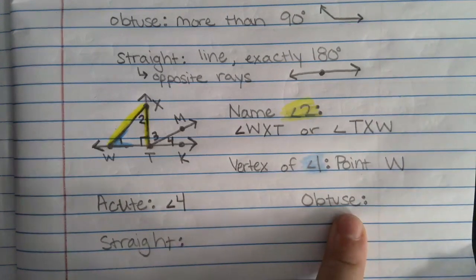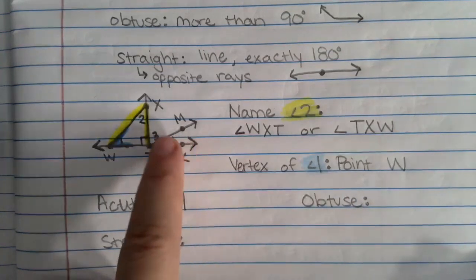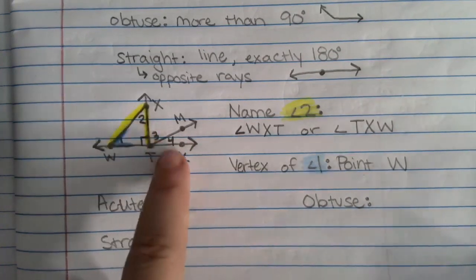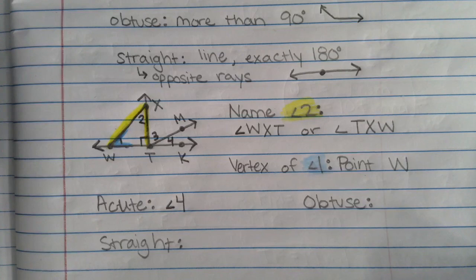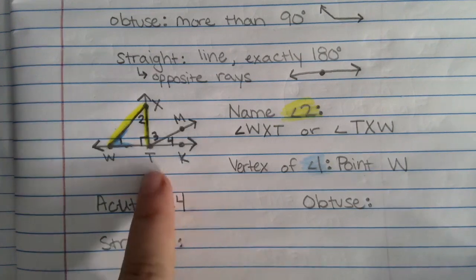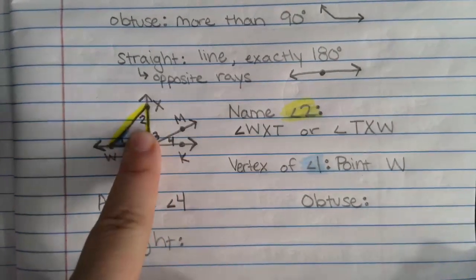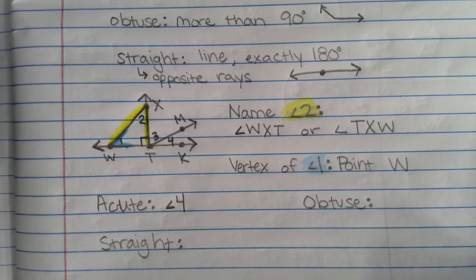All right, now obtuse, we have to think a little differently because if I look at each of these as individual angles, each individual angle might not be obtuse. So I need to think of how can I get an angle that's bigger than 90 degrees. If I do TXW, that's not going to be bigger than 90.